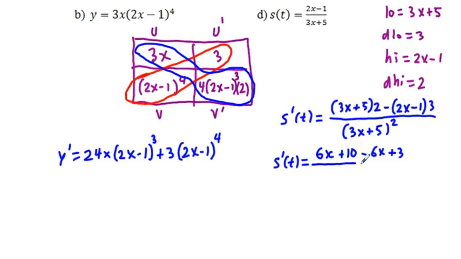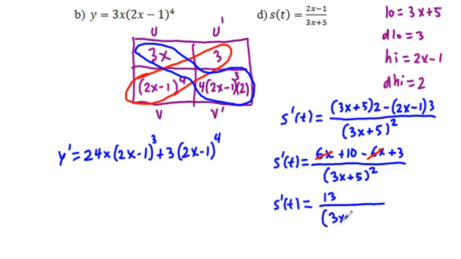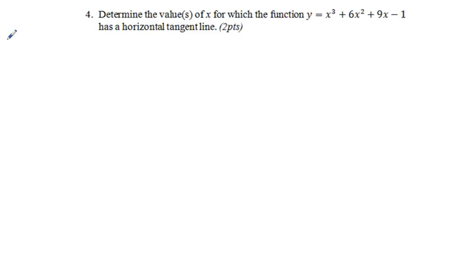And we have all this over quantity 3x plus 5 squared. And we cancel out 6x minus 6x in the numerator. And what we have left is S prime of t is 10 plus 3, which is 13, over quantity 3x plus 5 squared. So that's part D.